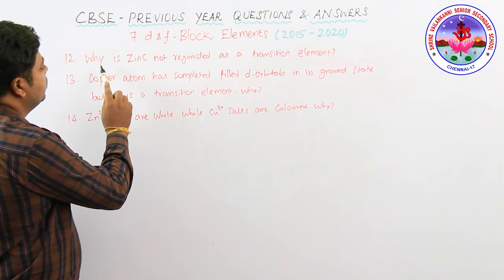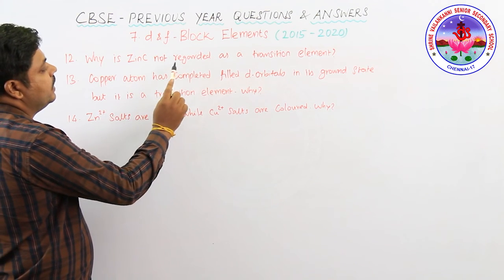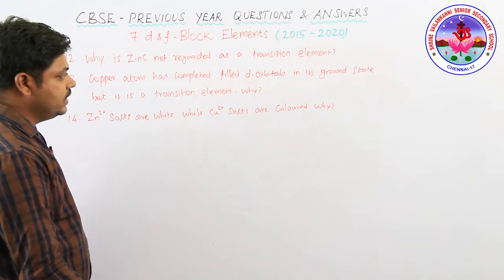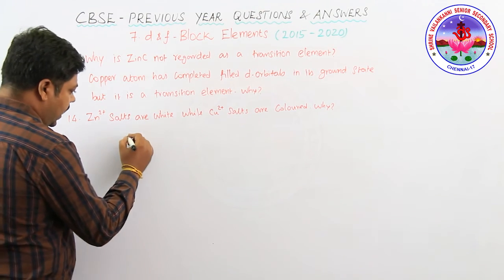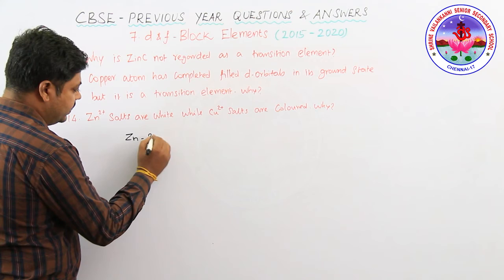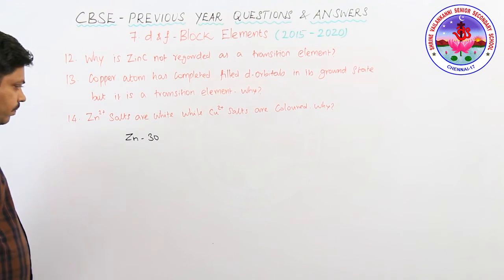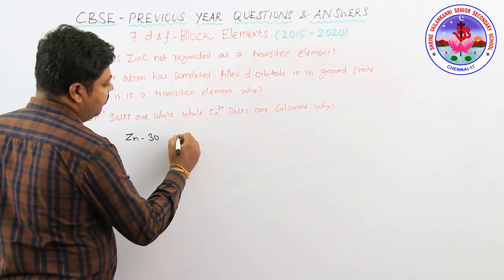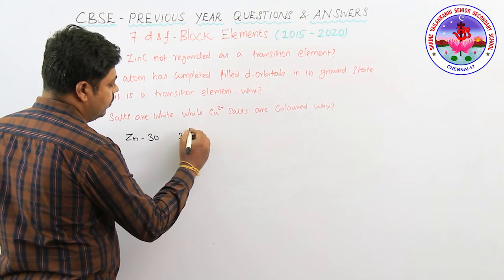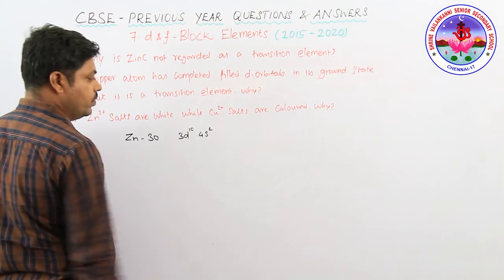The first question, why is the zinc not regarded as a transition element? See, the zinc atomic number is what? Zinc having 30. The atomic number is 30. So the outer electronic configuration is what? 3d10 4s2.